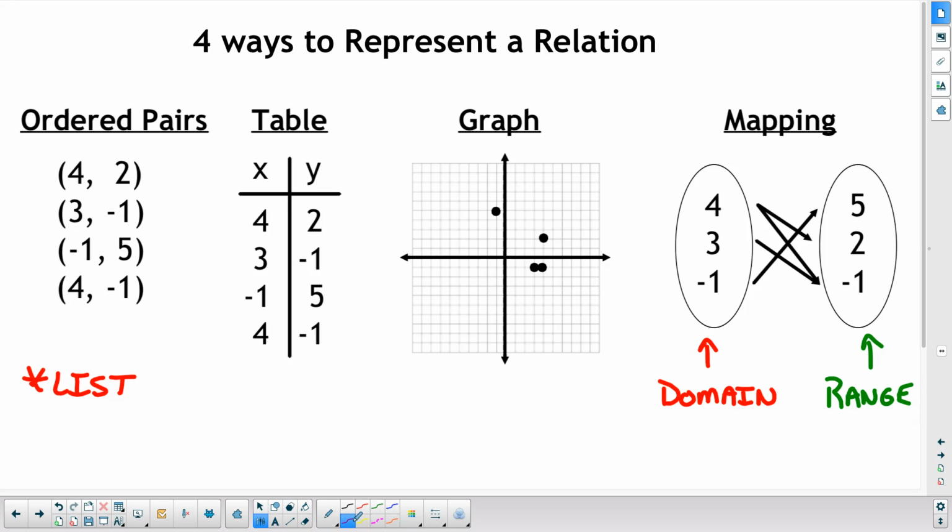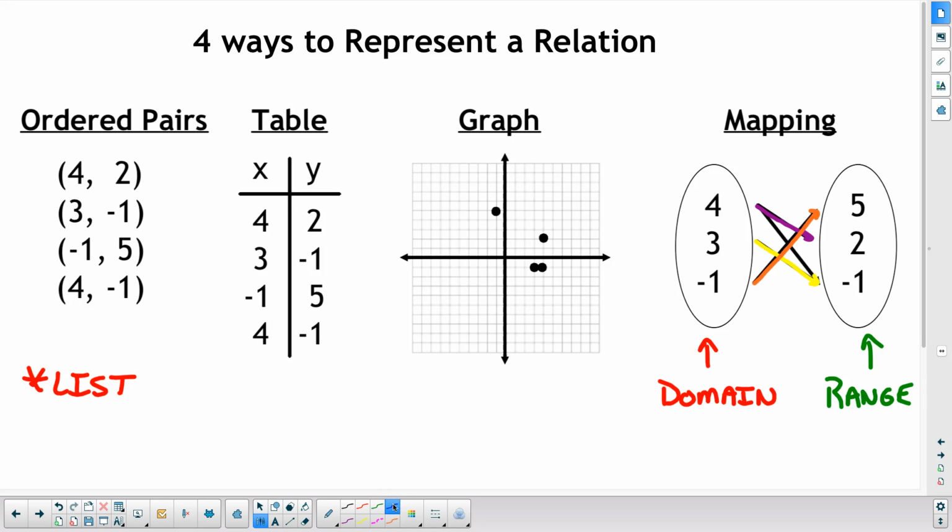So, the point 4, 2 is represented in this mapping with the purple arrow. 3, -1 is represented with the yellow arrow. -1, 5 is represented with the orange arrow.